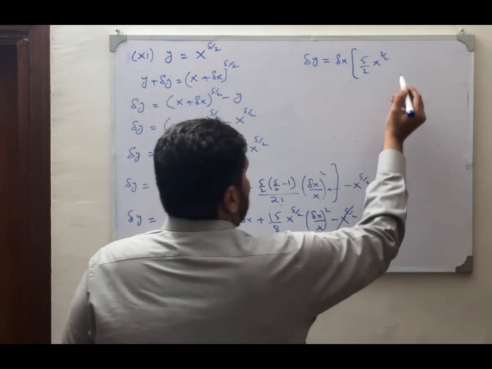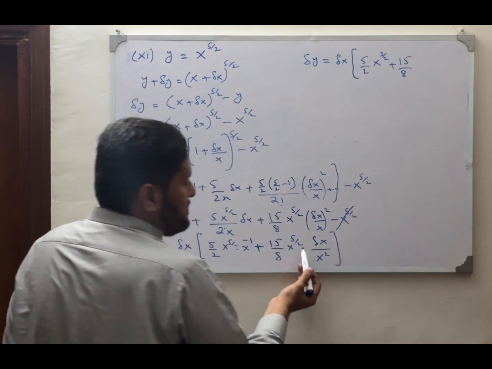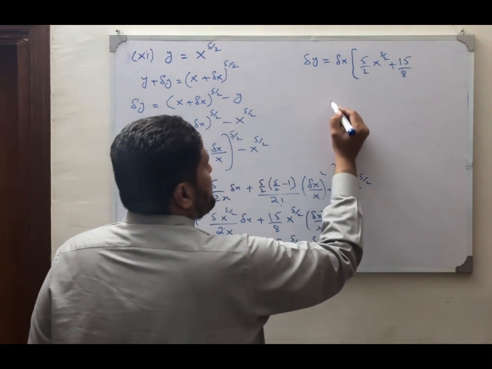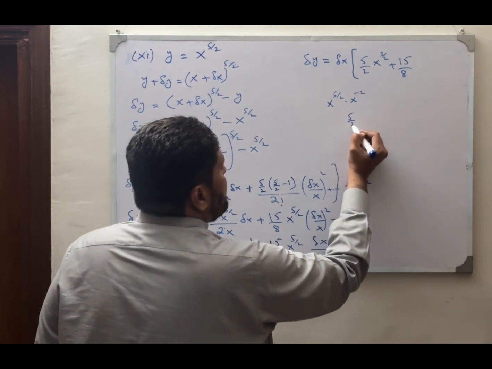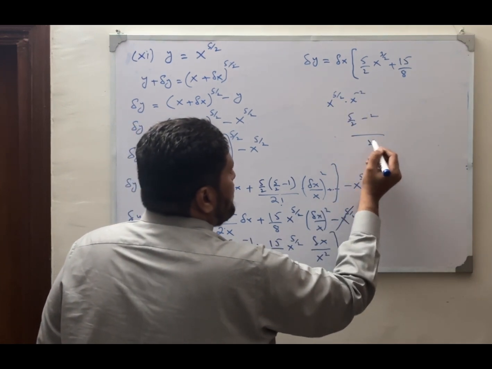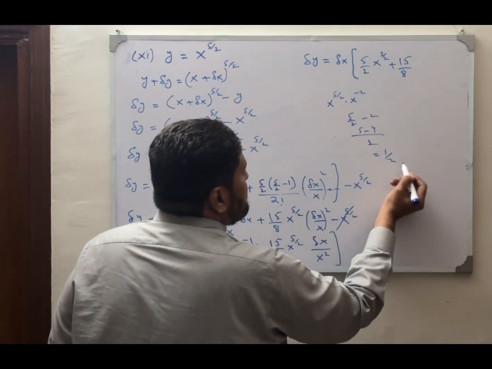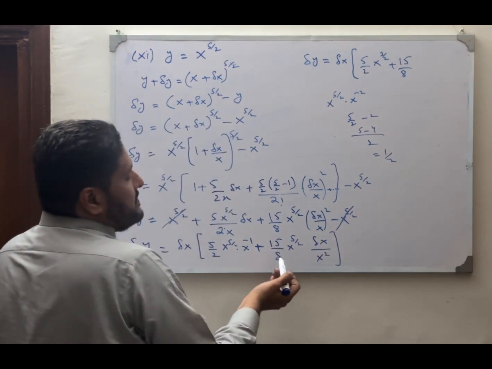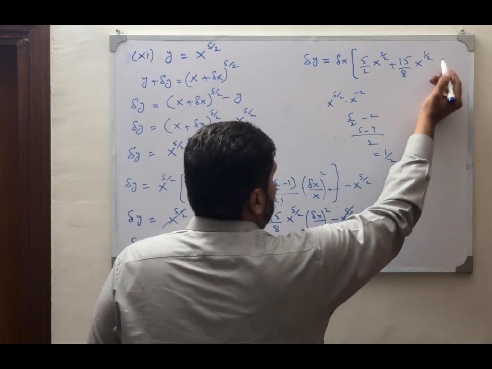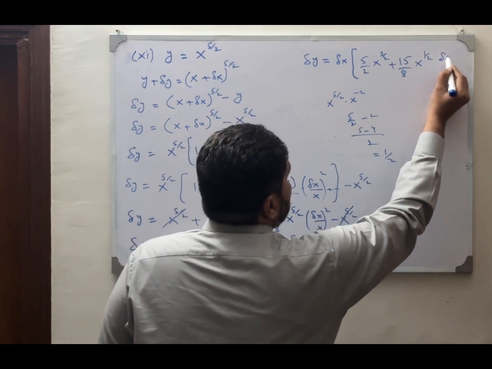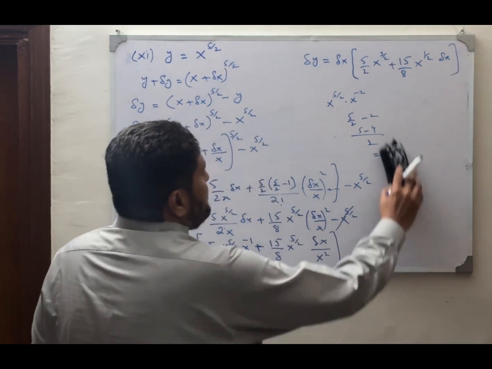Then plus 15 by 8. We have x power 5 by 2 into x power minus 2, we can write it as 5 by 2 minus 2. So we have 5 minus 4 by 2, that is equal to 1 by 2. So we write it as 15 by 8 x power 1 by 2 into delta x. So we have simplified that.